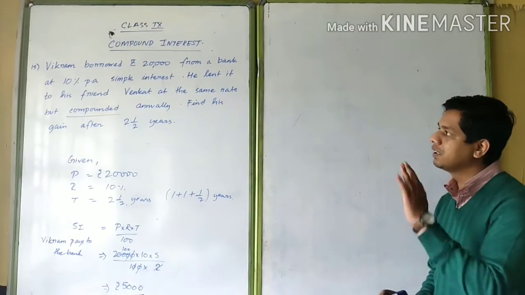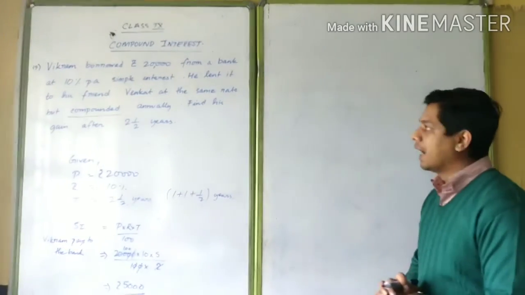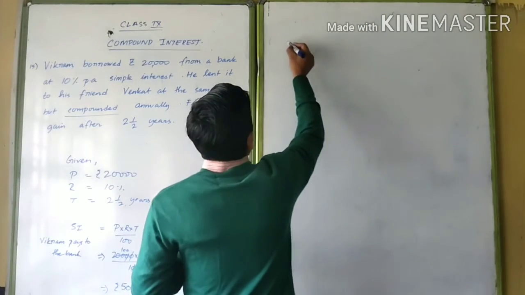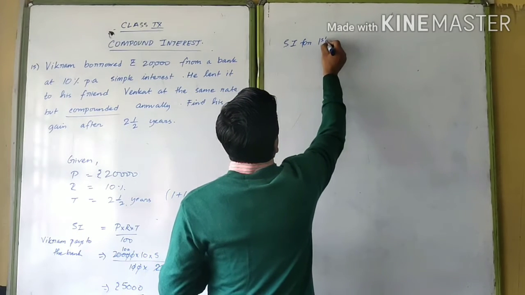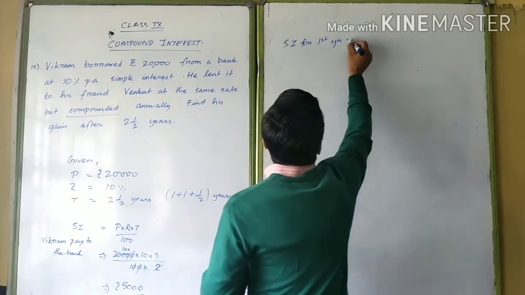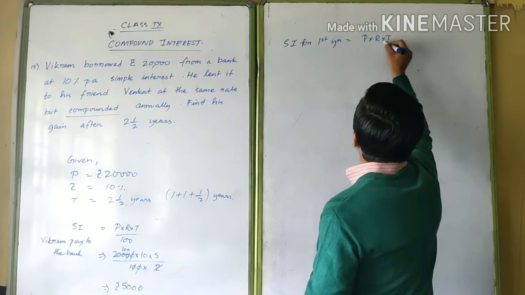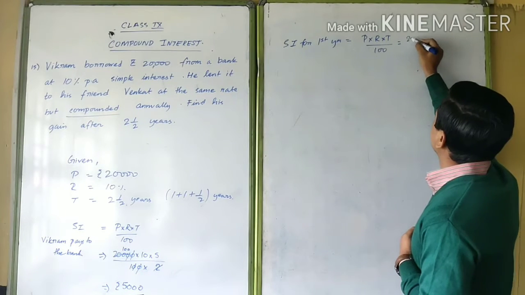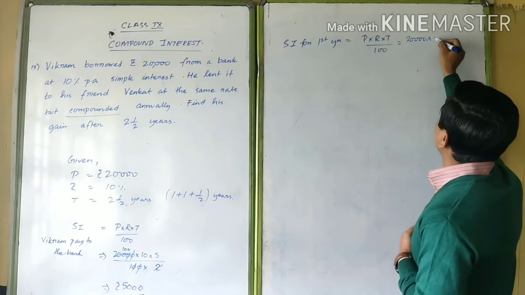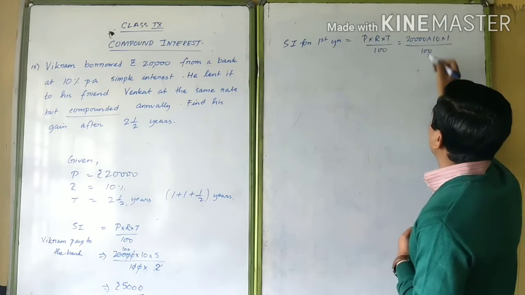Now he is re-lending the same amount of money, that is 20,000, to Venkat, but at compound interest. So what we will do is find the SI for the first year. We know the formula P into R into T by 100. My P is 20,000, the rate is the same, and time will be 1 because we are going to compound this.